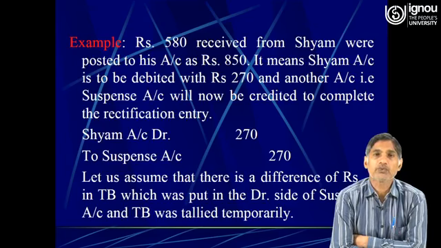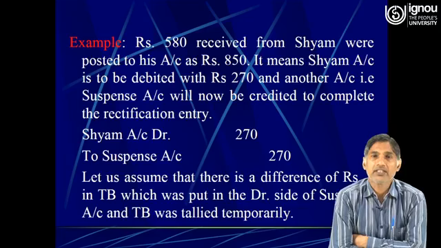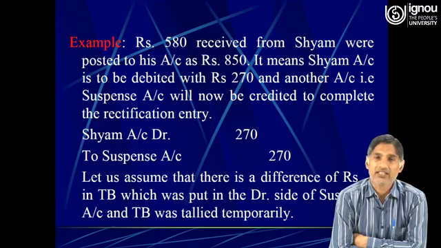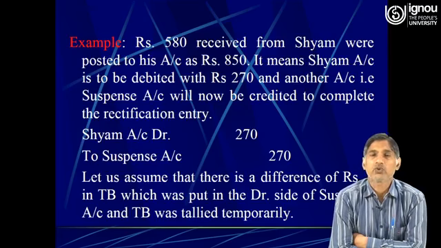Let us assume that there is a difference of rupees 1 in trial balance, which was put in the debit side of suspense account, and the trial balance was tallied temporarily. So there was a difference of rupees 1 in trial balance, which was put in the debit side of suspense account.